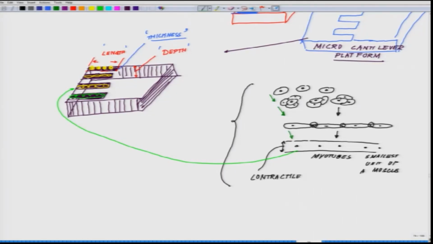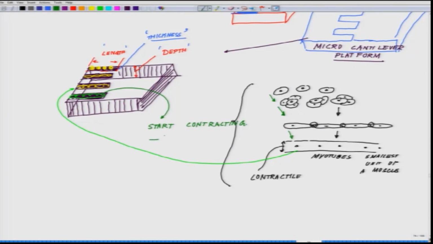Now, these myotubes, as we have already mentioned, are contractile structures. As they are formed, they will start contracting.